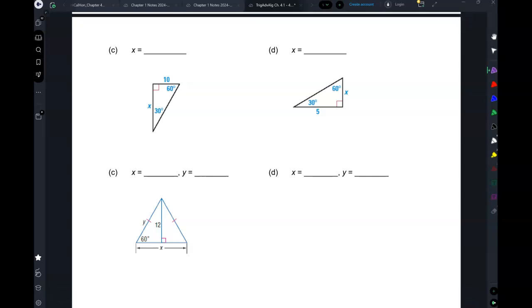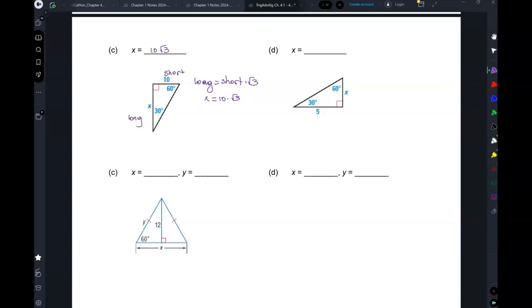Okay. What's the x and what's the 10? Correct. And we know long is short times root 3. X is 10 times root 3. So this is 10 root 3.